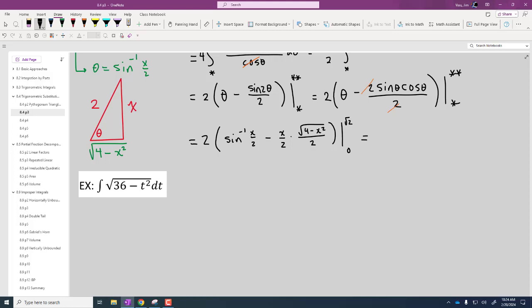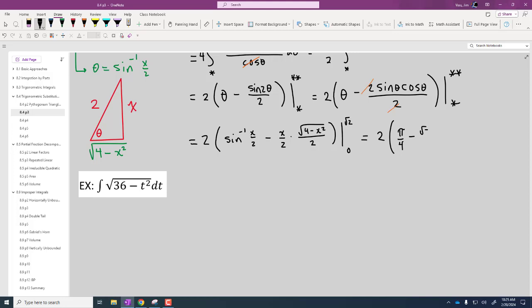The angle on the right with a sine of root 2 over 2 is pi fourths. That is the angle on the right-hand side that has a sine value of root 2 over 2. So pi over 4. And then we plug it in here, and we're going to get root 2 over 4.